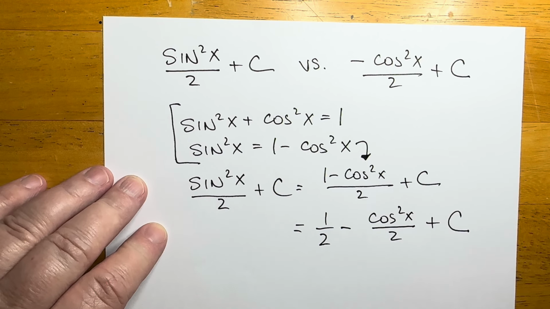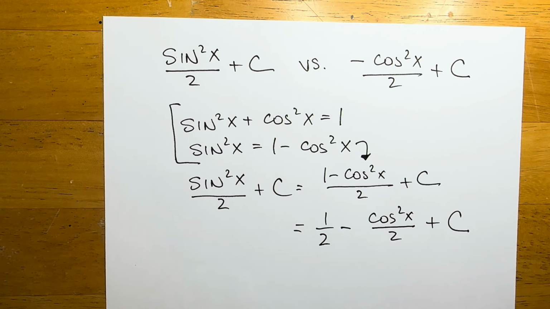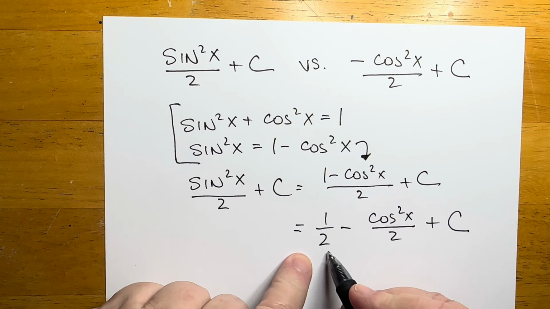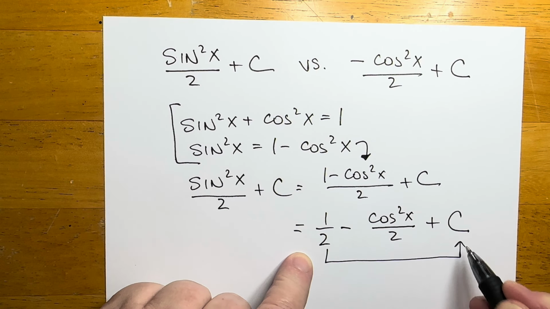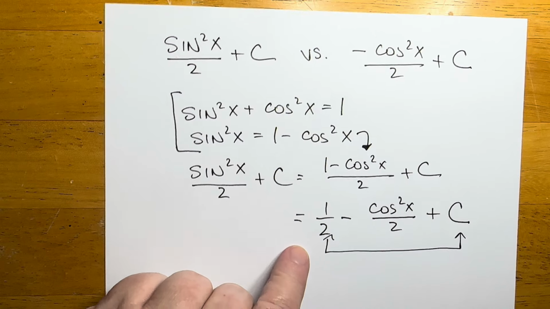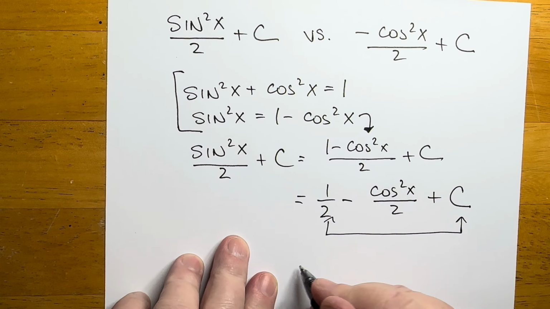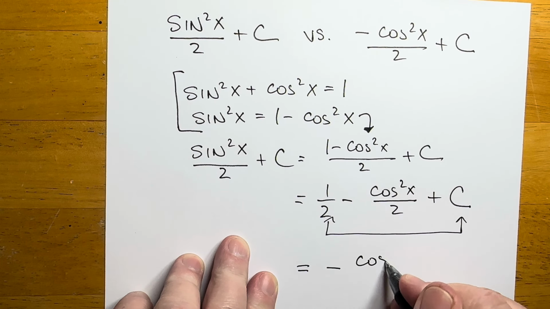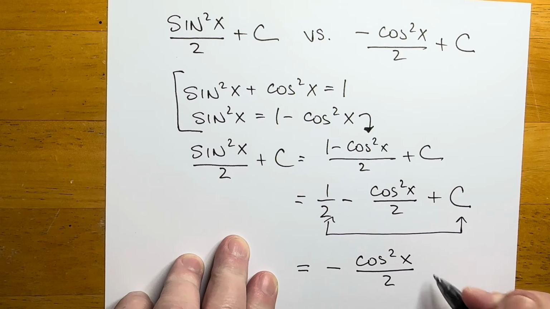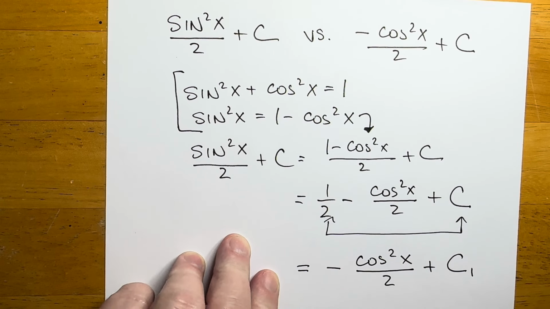And then I'm going to do something which you're either going to think is really cool or think is really obnoxious. You ready? I'm going to say these two are both constants. So this is really just the opposite of cosine squared over 2 plus a slightly different constant.